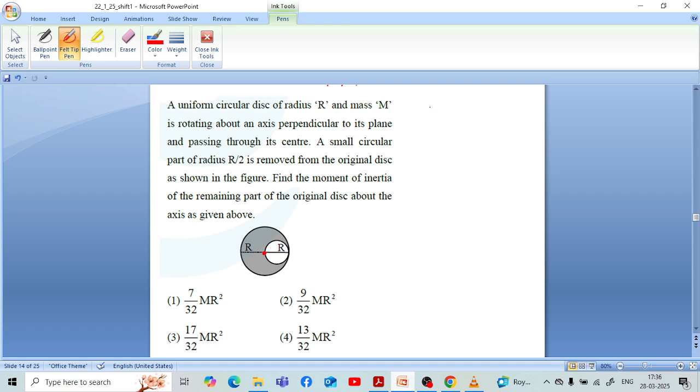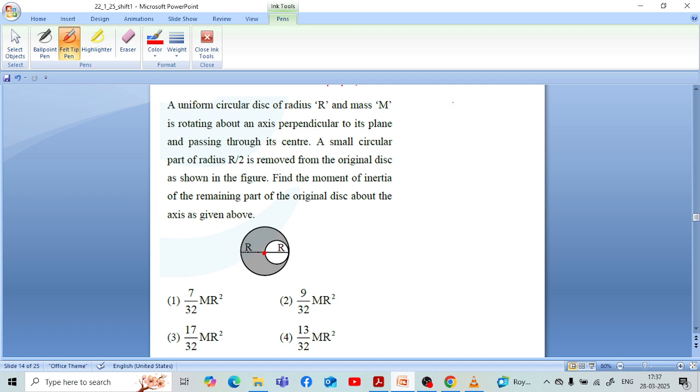To solve this problem, first of all we have to find the mass of the removed disk. The section which is cut here, what is its mass? For it we use the concept that the mass is uniformly distributed, so the surface mass density is the same.